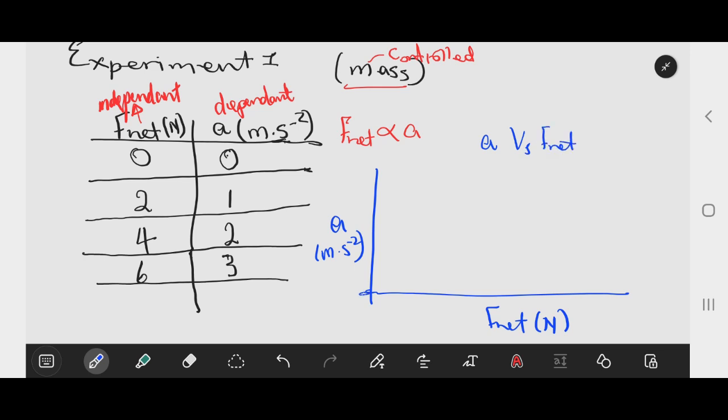If we were to plot the points, we'd use maybe a scale of 2 on the x-axis: 0, 2, 4, 6, 8, 10, and a scale of 1 on the y-axis: 1, 2, 3, 4, 5, 6, and it continues.